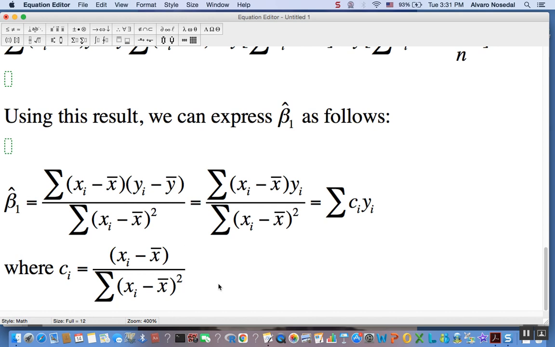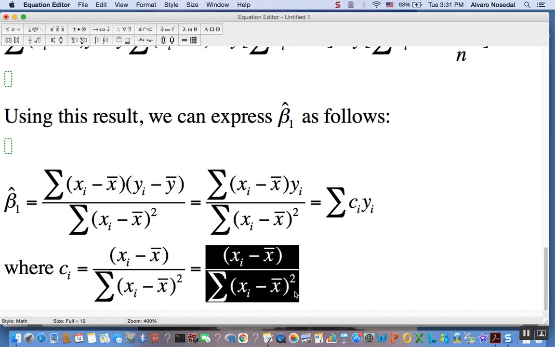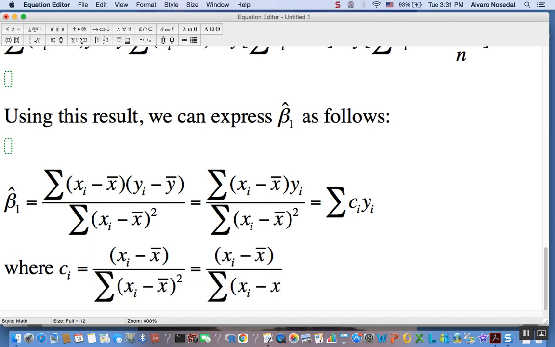Okay? You could write it down like that too. Let me write it down like that as well. It's going to be useful. Sxx. Okay, make sense?